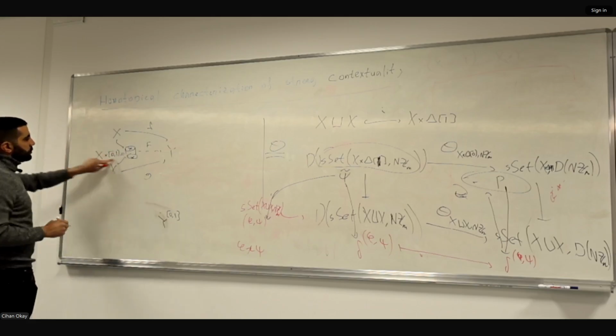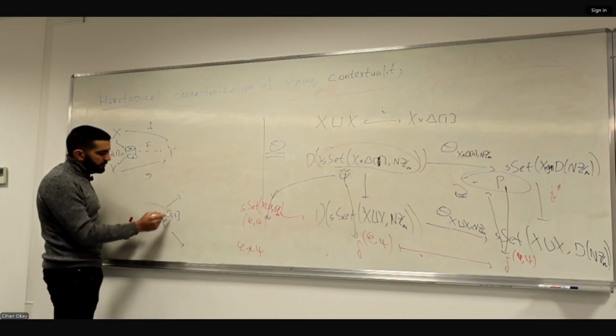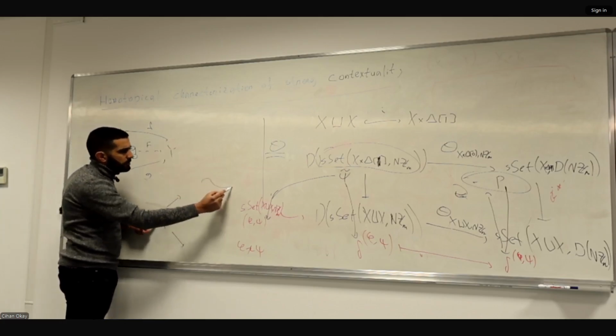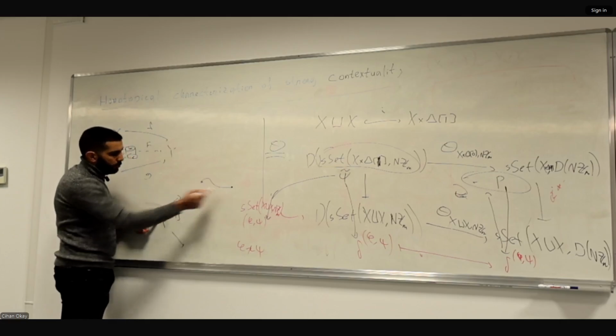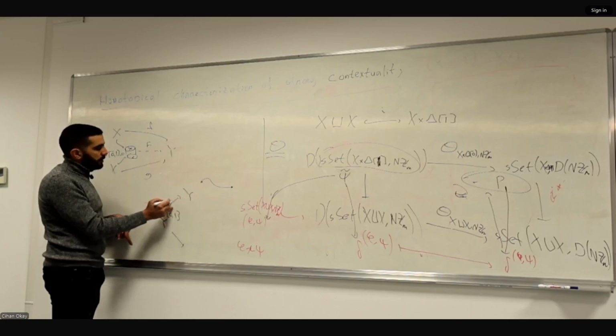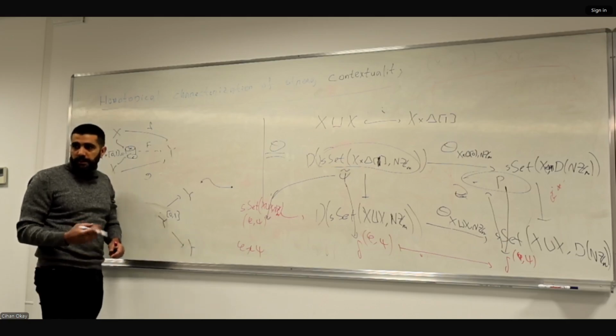This is x cross 0 1. We can do this, and this has two projections like this. What is this? This is all the paths on y. We have one projection to the end point, and one projection to the beginning point, the initial point.